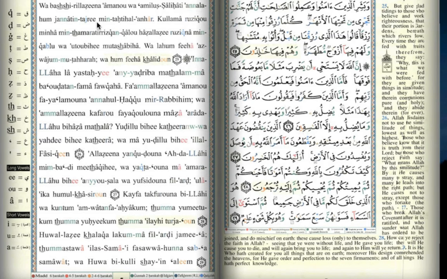What you're going to notice, so as not to confuse you, is you're going to find a Noon Sakinah or a Tanween. We're going to take this one right here. If you're looking at the English, it's right there. Al-Rib, for example, ma ba'udah.